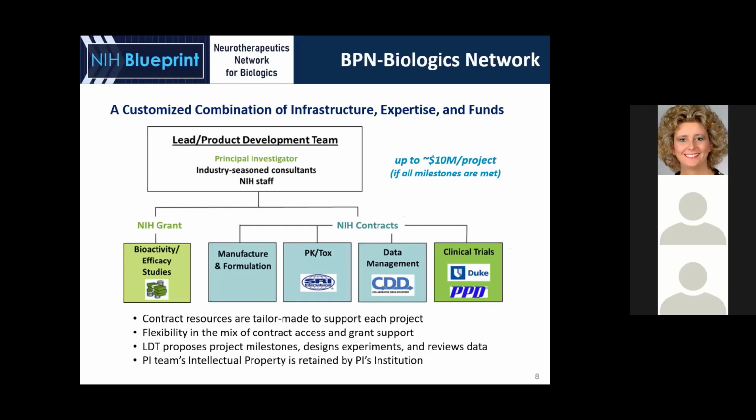As a project PI, you will receive grant funding for biological activities, free access to our network of CROs, and a team of consultants and NIH staff who will assist in managing the project. For each project funded under this FOA, the NIH will assemble a customized lead development team, which we refer to as the LDT.